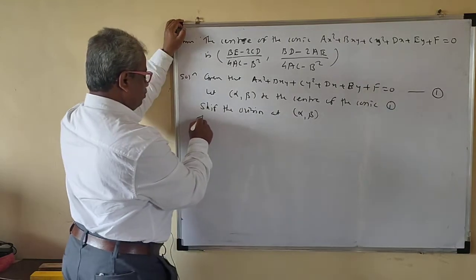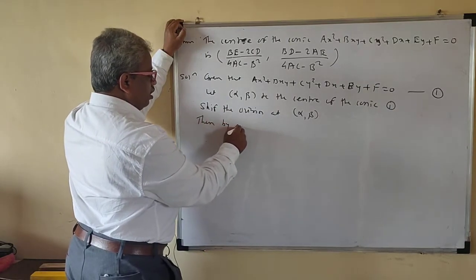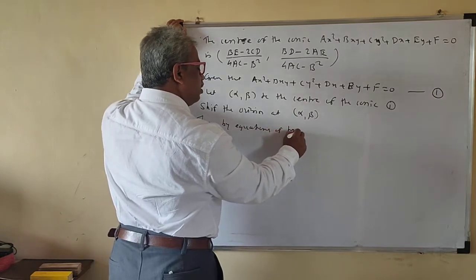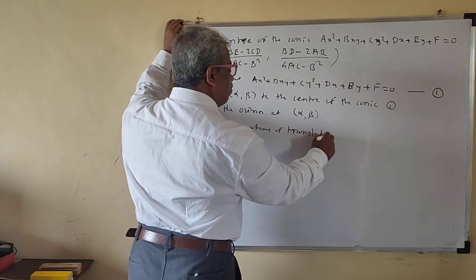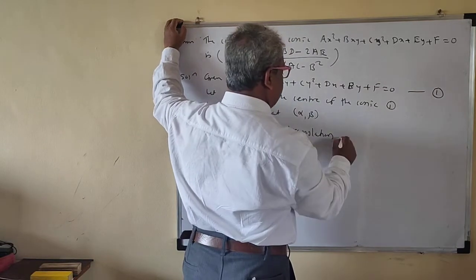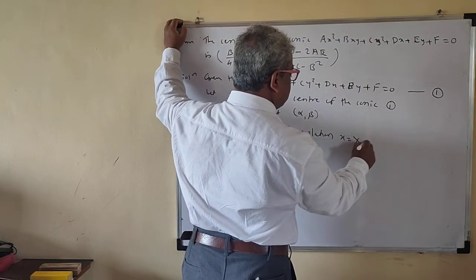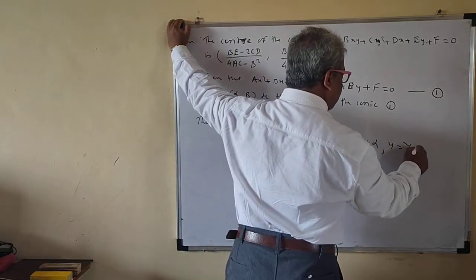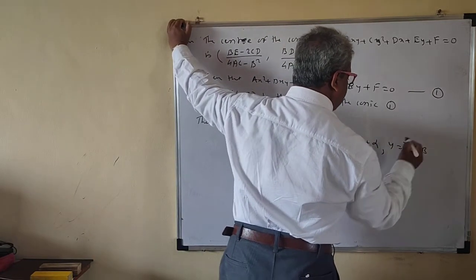then by equations of translation, x = X + alpha, y = Y + beta.